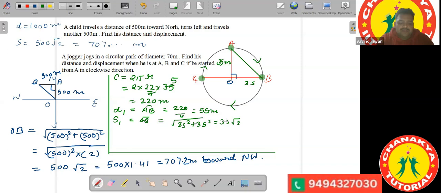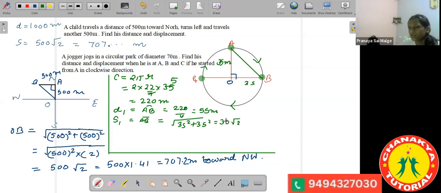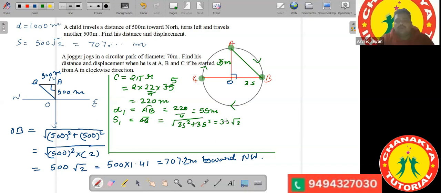So let's multiply 35 by 1.41. We'll get 49 point something. It's 49.49, that is 49.5.